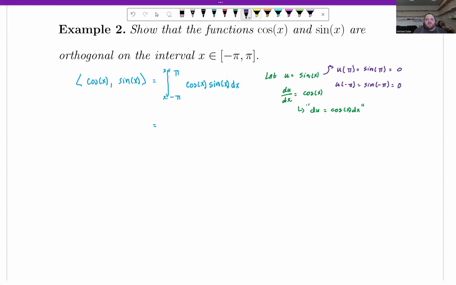Okay? And so what we'll actually notice right away here is that when we replace x with u, we are going to get 0 to 0, and this will be u du.